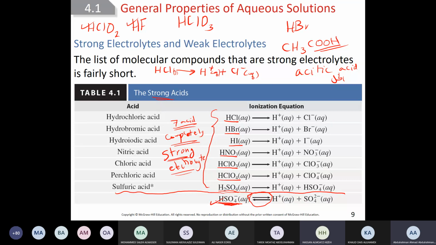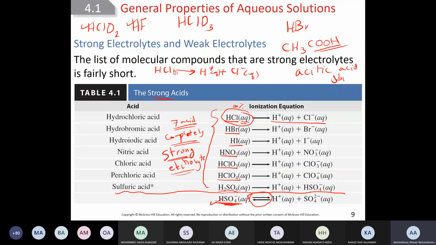No, HCl is gas if it's by itself. In the table they wrote aqueous because it's in water now. If you bubble the gas in the liquid, it will be HCl aqueous, but it will not stay like this. Right away, it will become ions. 0% of this one will be left.